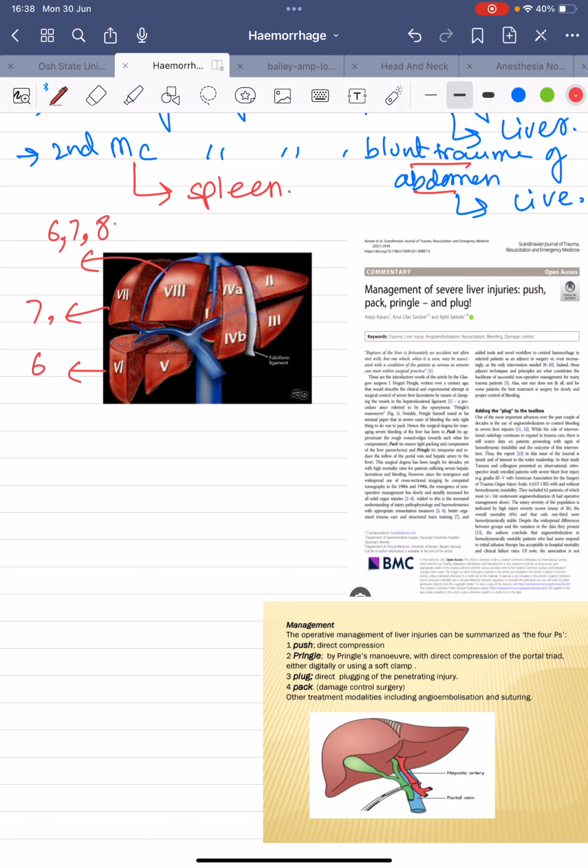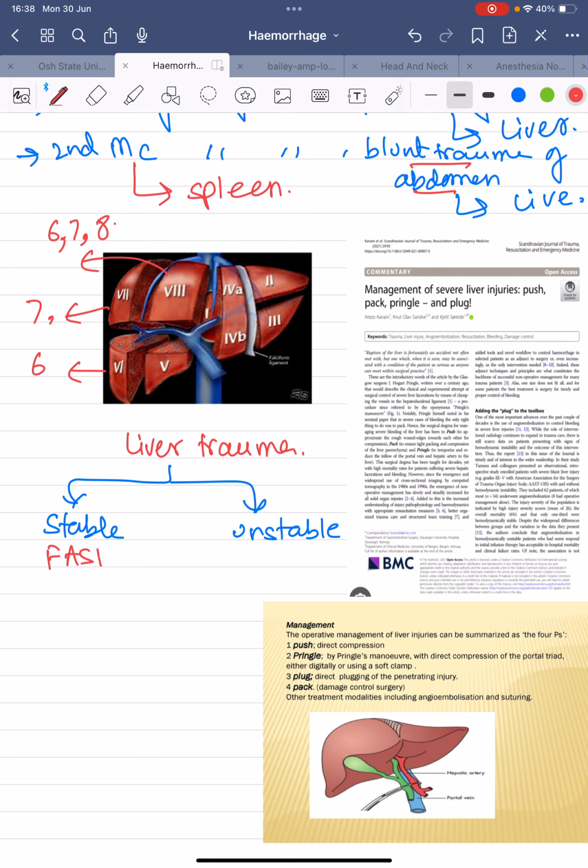Now whenever a patient comes to you with liver trauma, please remember to check whether the patient is stable or unstable. In both conditions, we must perform FAST. What is FAST? Focused Assessment Sonography in Trauma, or in simple words, ultrasound.